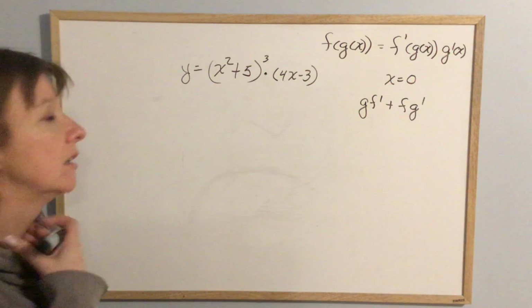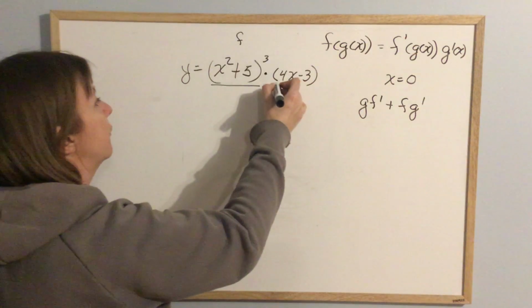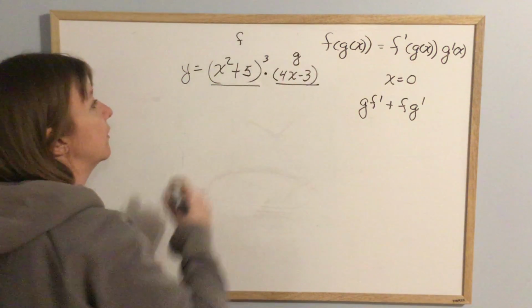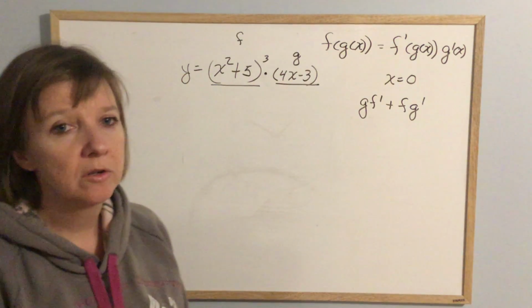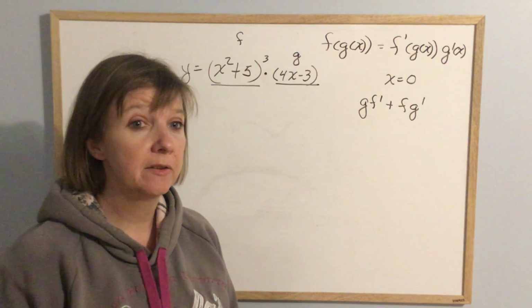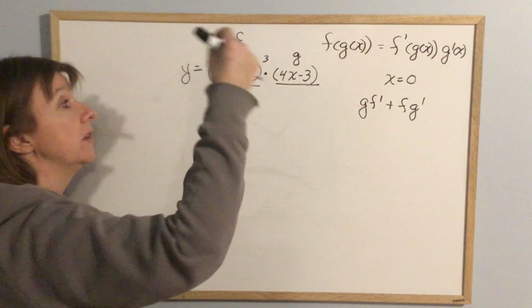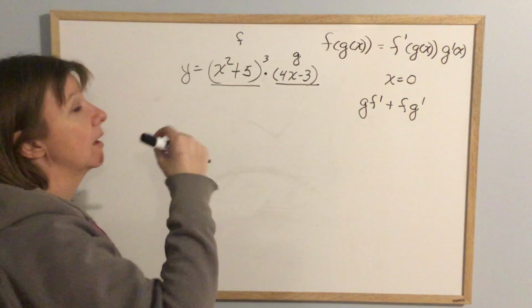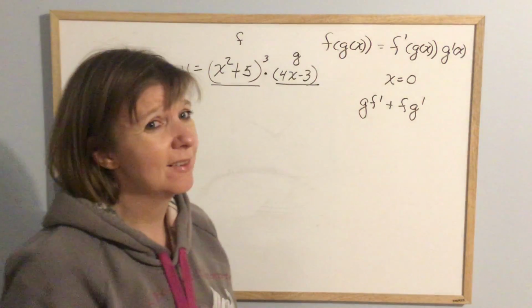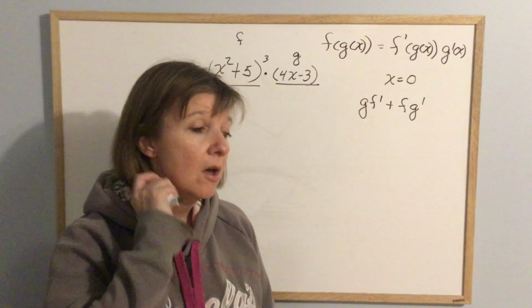Think differently, okay? So this whole thing is f, this whole thing is g when we're talking about doing the product rule, all right? When we're doing the chain rule, the cubed is f, the inside is g. They use the same letter for far too many things, so it starts getting confusing.